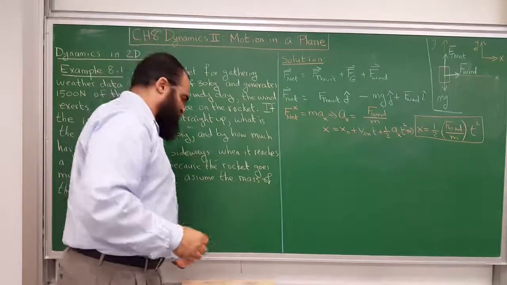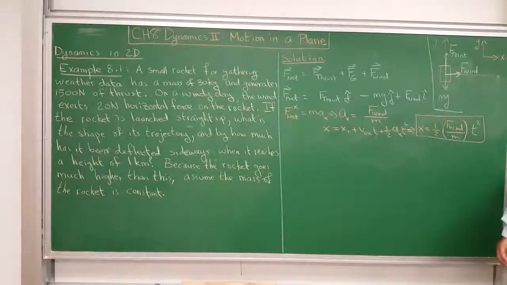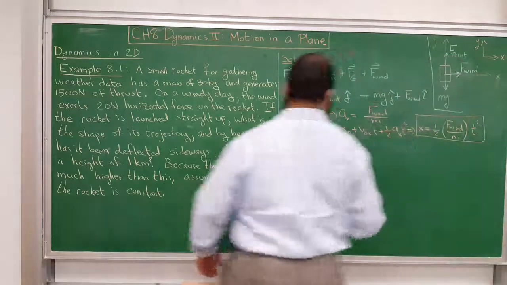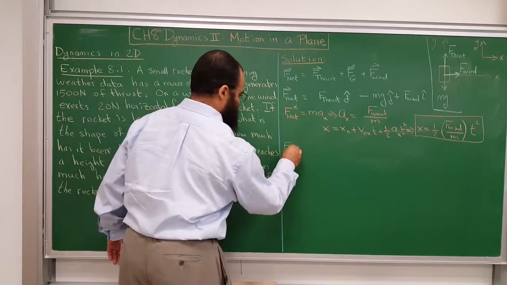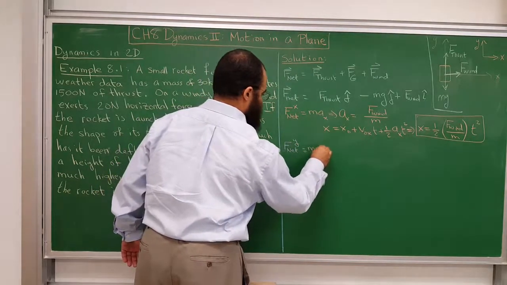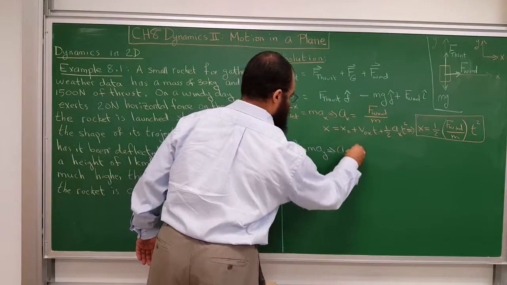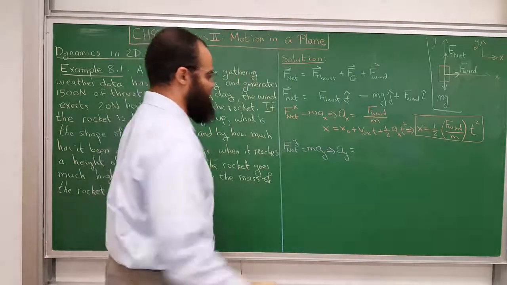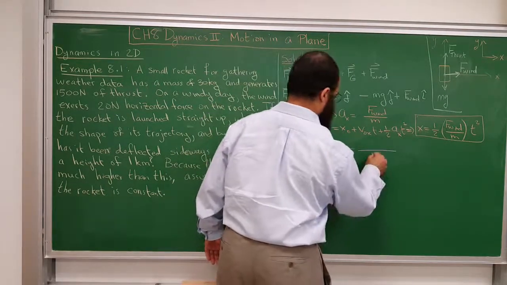Next, I will use a different color. The net force in the y direction will equal the mass times the acceleration in the y direction. And so the acceleration in the y direction will equal the net force in the y direction divided by the mass.